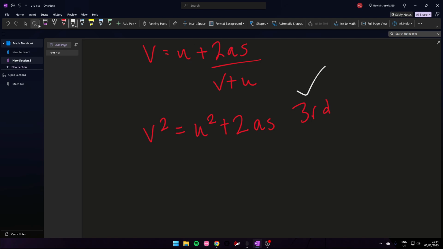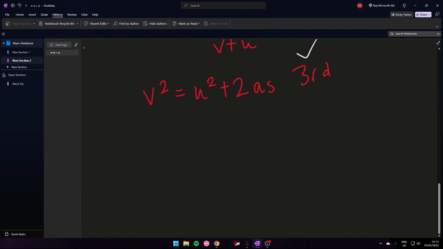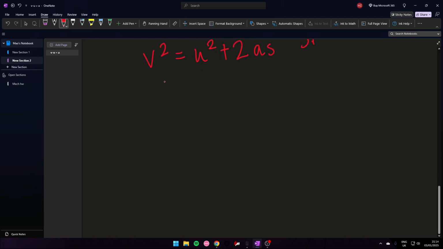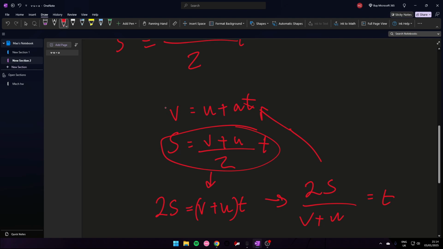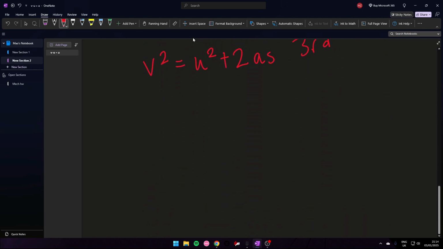And we've finished that. Now we're going to move on to the fourth one, which requires a similar process. Instead, we are going to be rearranging the formula for the area by replacing the v, so we're left with a formula without it.